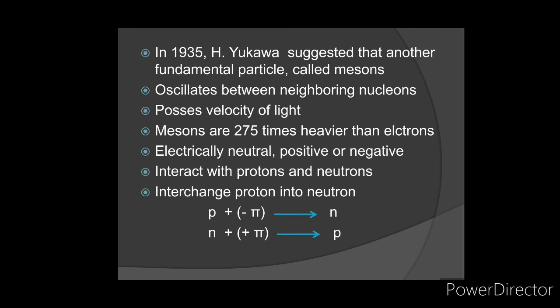In this way, meson theory explains the nuclear force which exists between the nucleons on the basis of the meson particles exchanged between two neighboring nucleons. So this is all about the meson theory which explains the nuclear forces. Thank you.